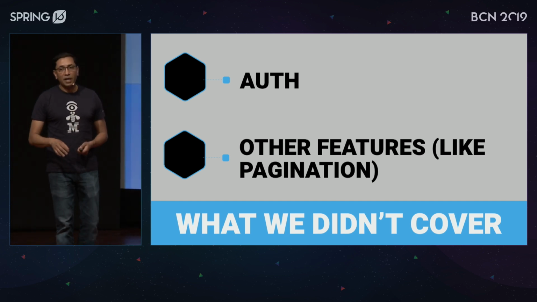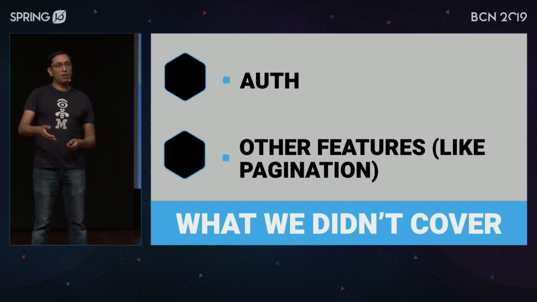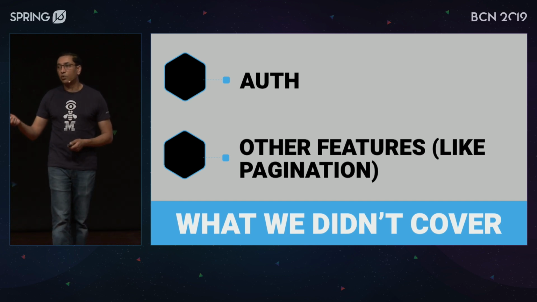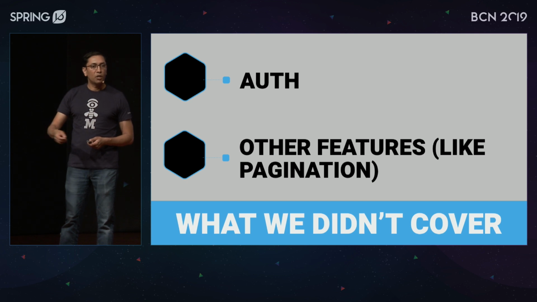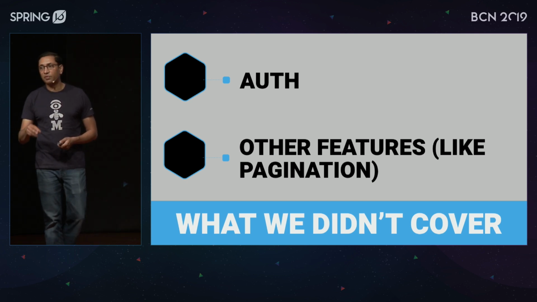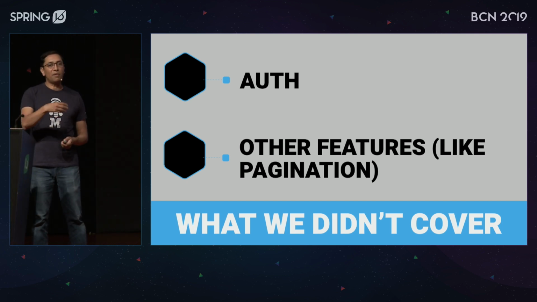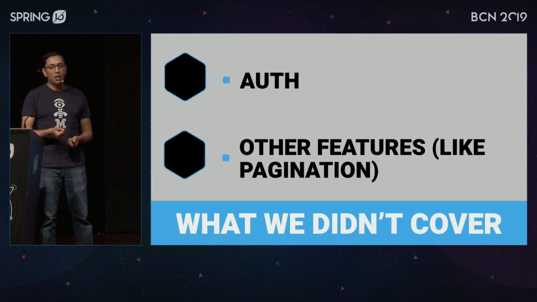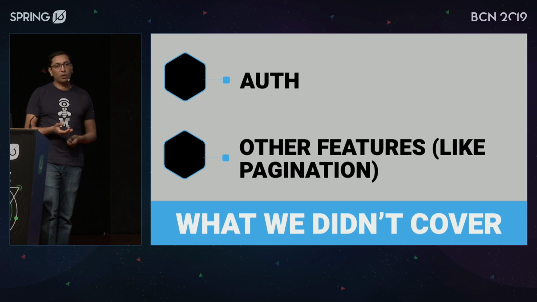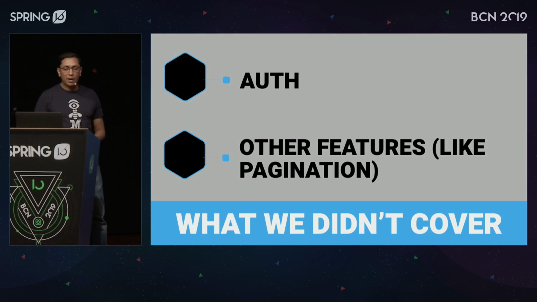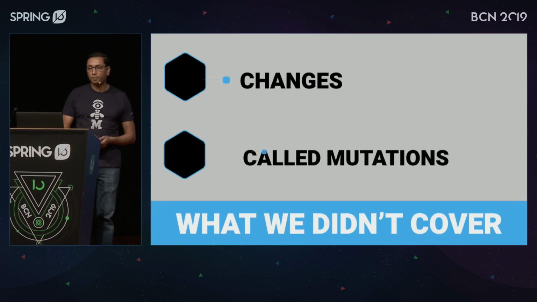So if you want to do pagination, you have to have the ability inside of your entity object or your service object to get paginated data, right? So it doesn't come for free. That server-side stuff doesn't come for free. You have to still have the ability to do pagination, and then GraphQL allows you to expose that pagination into the GraphQL library, okay? So we didn't cover pagination in our code examples here.